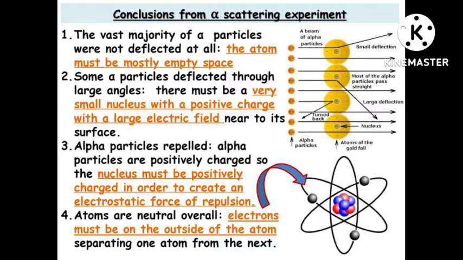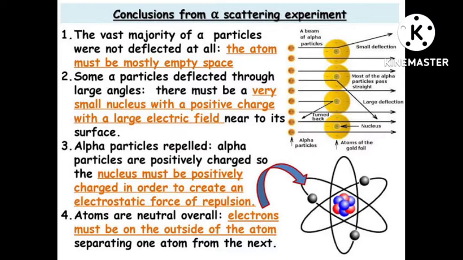Number one, most of the alpha particles passed through the gold foil and were not deflected. Simply, we can say these alpha particles are undeflected. That was a profound statement given to us at the time.